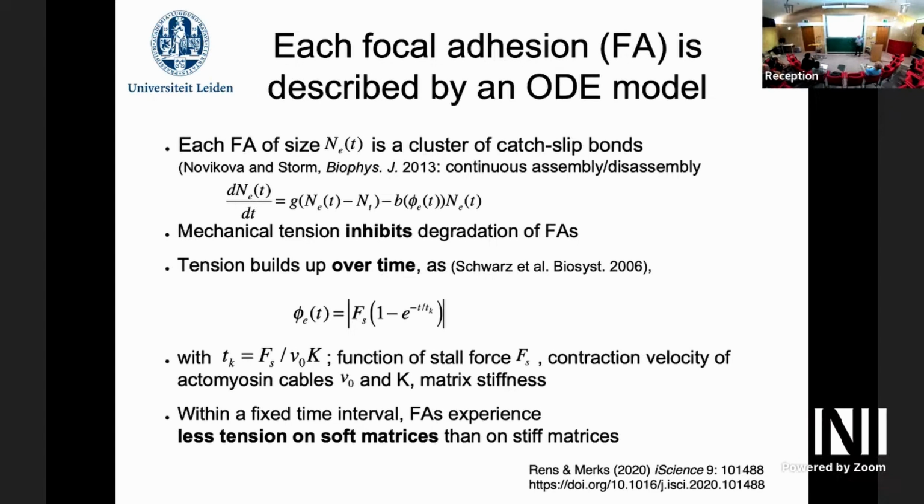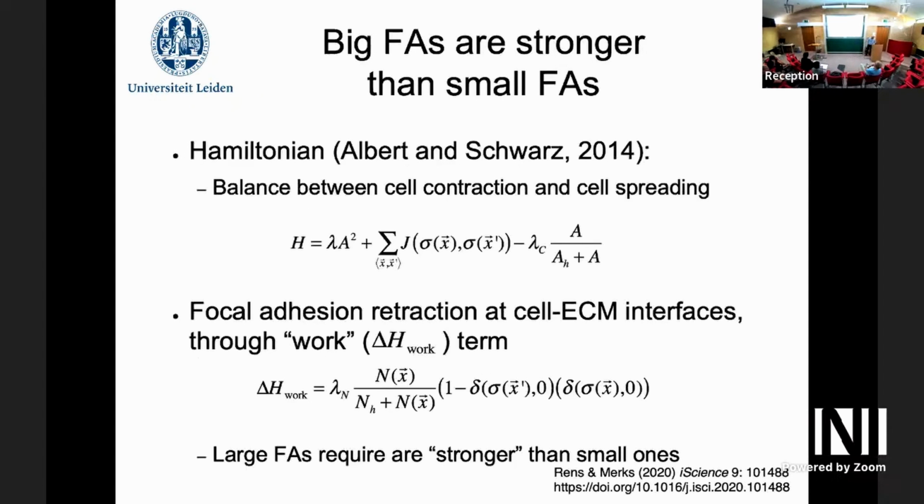So if you look at the integral over this short time into equilibrium, then of course on the soft substrate the focal adhesions have experienced less tension than on the stiff substrate. That means that on the stiff substrate, the degradation is suppressed more than on the soft substrate. So that's basically the story to start.